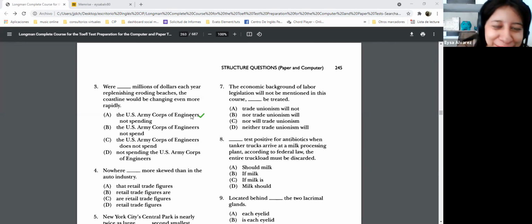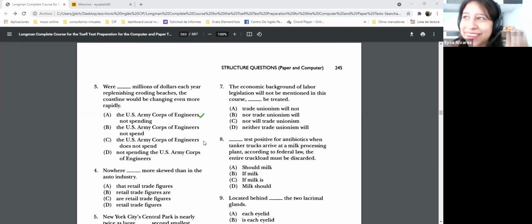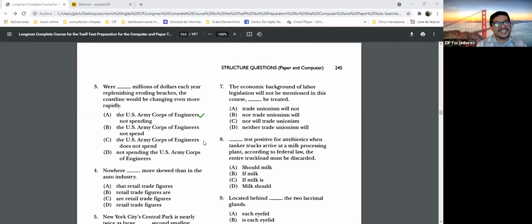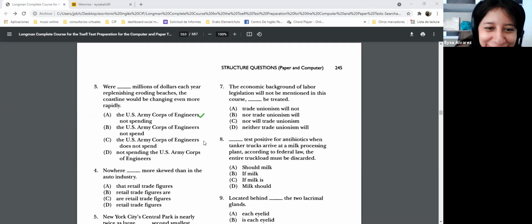I was thinking, because we start with the verb to be, why is the verb to be at the beginning? But then I thought, maybe it's with "if", and yes, because we have "will be changing". I forgot the condition, right? Second conditional, that's right. Very good, excellent.